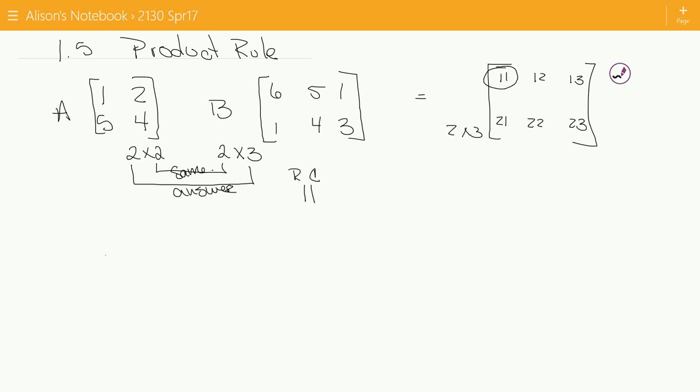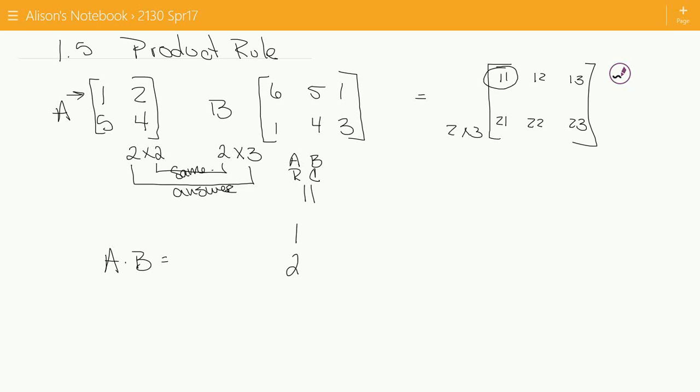And when I go about trying to multiply A times B together, I'm always going to take the row from the first matrix and the column from the second matrix. So let me see if I can find row 1 in A. Well, there it is right there. I'm going to write it 1, 2.